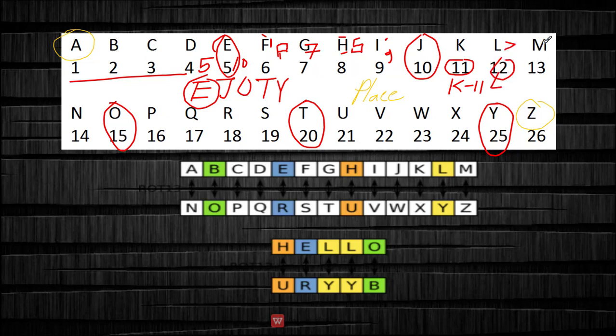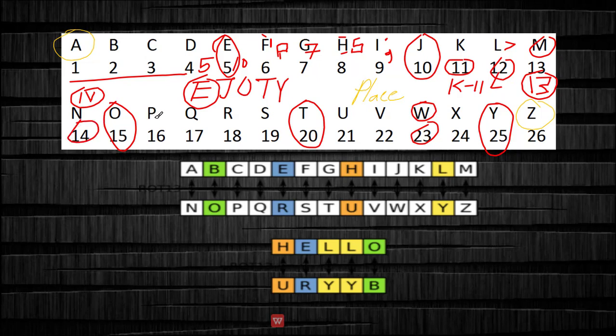Then M you can turn as 3, so it is 13, and M also looks like W, which is 23. And N, you can divide this portion and it looks like 4, so it is 14.